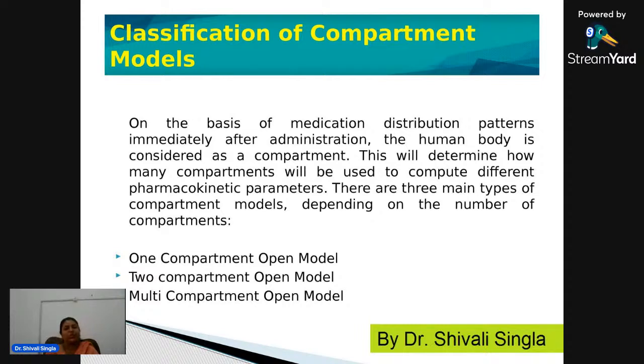Multiple compartment open model: if the drug's behavior is different in all the different compartments, then the whole body is assumed as different types of compartments, and all the parameters concerned with it are calculated accordingly.